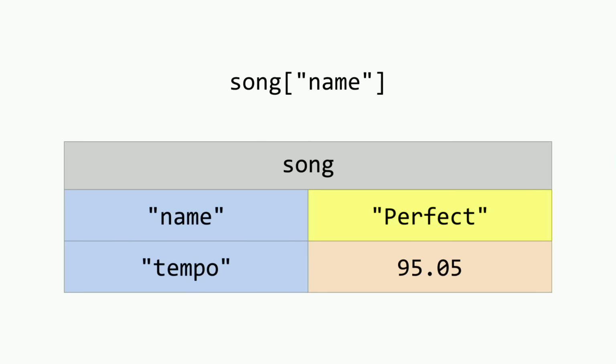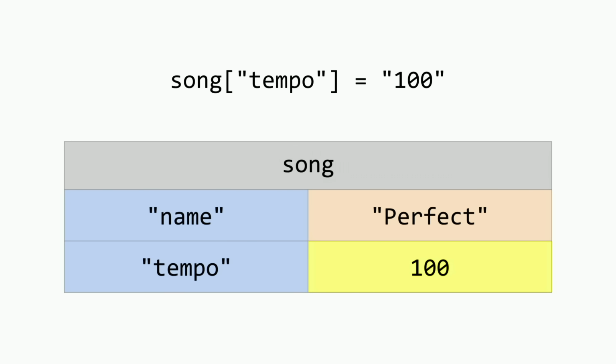If we wanted to get a specific value from my dictionary afterwards, this is the syntax you would use. You have song, which is the name of the dictionary, and then these square brackets, and then the key. So if I use the key name, this will return perfect.